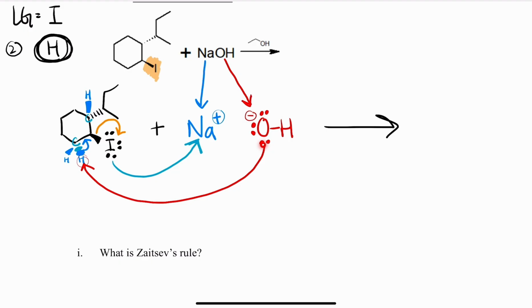And then this OH, this hydroxide, came in and grabbed a hydrogen, which basically is a positive proton, so also an opposite charge. Grabbed it, didn't stay, but took it with it. So we have two new connections, right? We have the sodium and the iodine together. And then we have this hydrogen and this OH together.